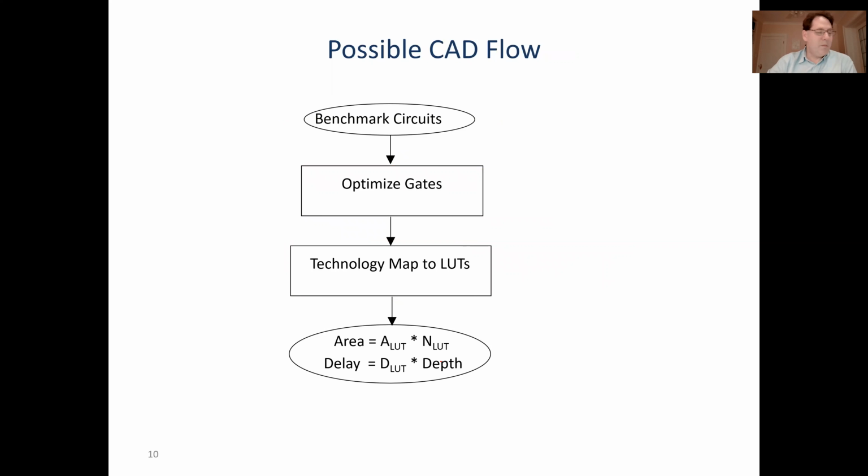Okay, so here's my proposed CAD flow. I'm going to take benchmark circuits and put them through a logic synthesis tool. The designs have been turned into gates by a process called elaboration. Elaboration just converts Verilog to gates. It's basically a template matching operation, so it's not that complicated.